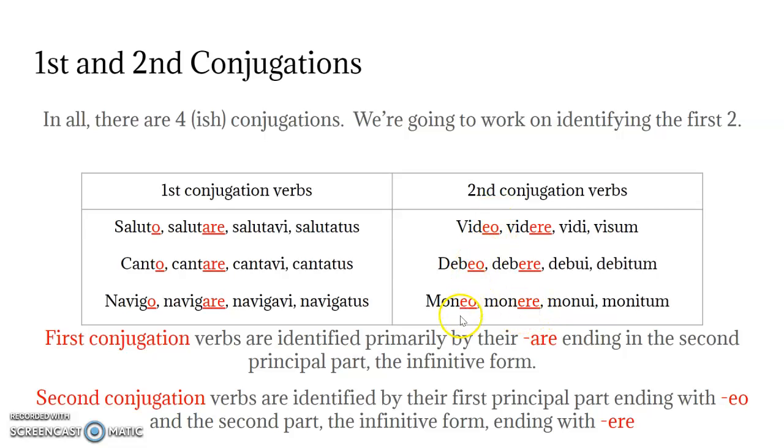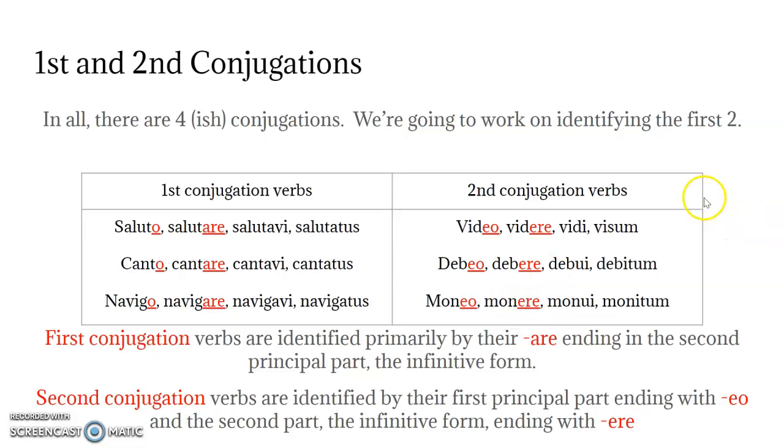I also have the first principal parts underlined as well. First conjugation typically ends with an O in the first principal part, and second conjugation verbs end with an EO in the first principal part. And that's going to be more important later, so I'm not going to talk much more about that. Just ARE first, ERE second, and you're good.